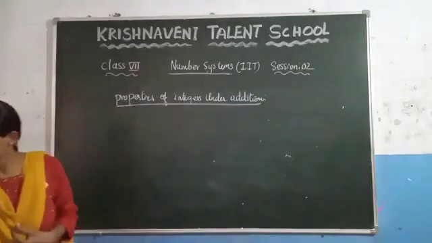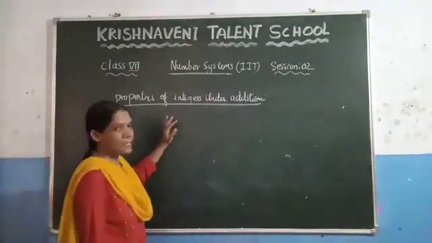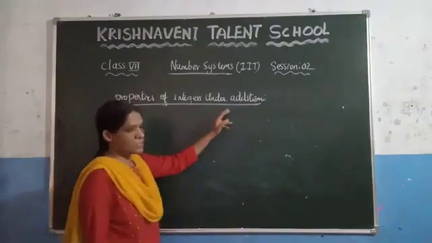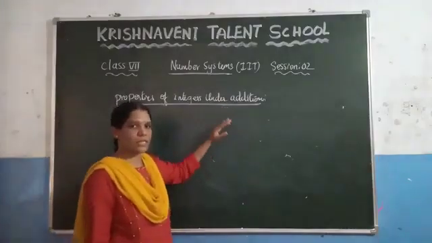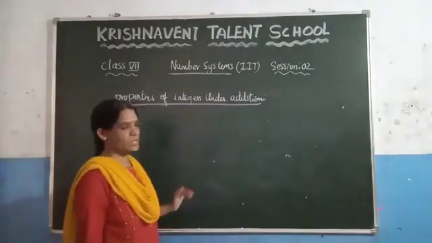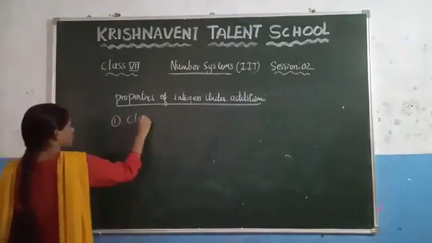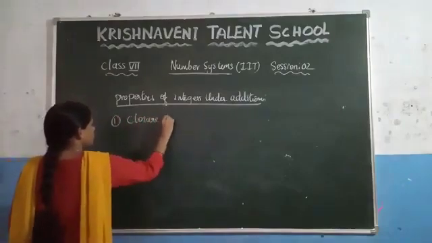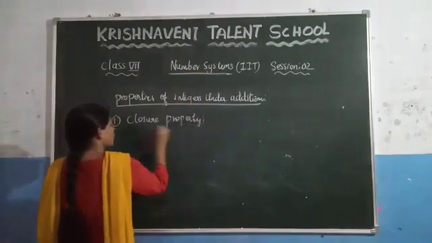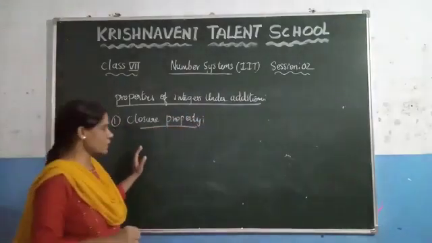Now see here, what the first property says under addition. First we are going to discuss under the operation addition. After that we are going to discuss under subtraction, and after that under multiplication. And in that the first one is the closure property. What does the closure property say under addition of the integers?